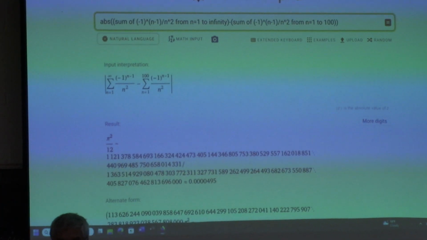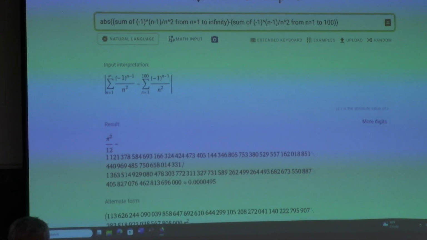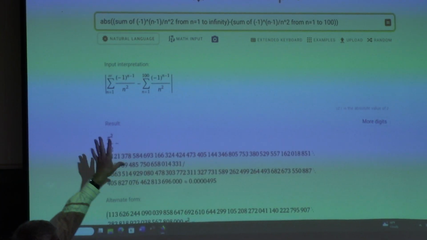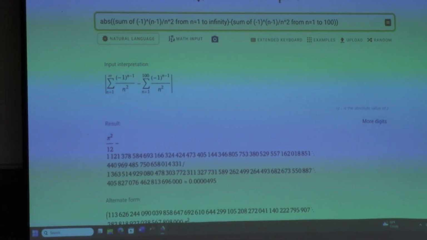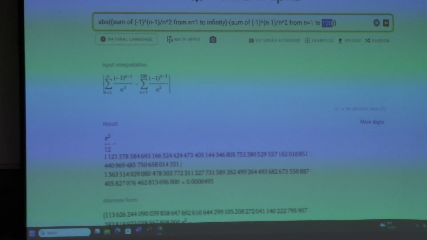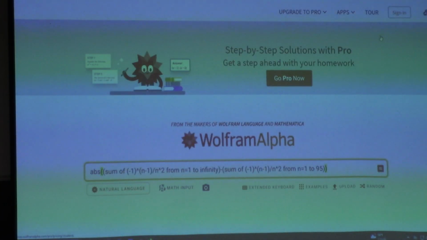So if you use k equals 100. Now, remember, we don't know the value of S. We don't know the value of S100. I could get Wolfram to tell me that. But maybe there's a lower value of k that would work. Let's use k equals maybe 95.